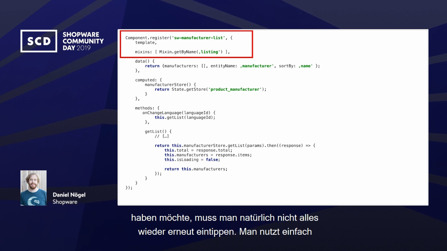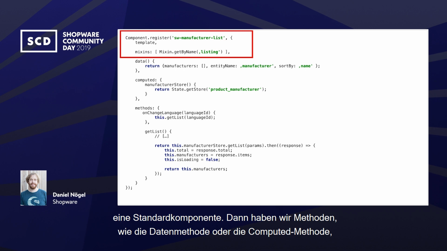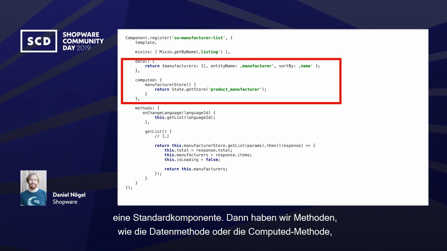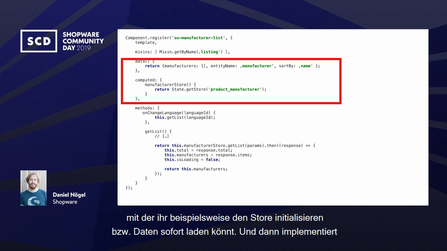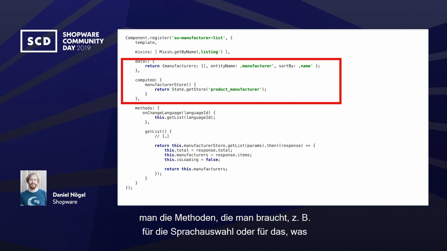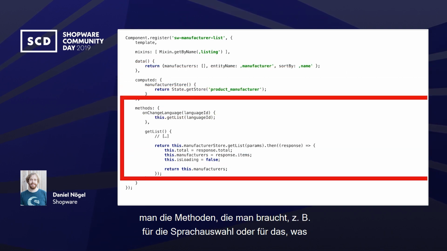You can just reuse a standard component. And then we have methods like the data method or the computed methods, where you, for example, can initialize your store or load data right away or something like that. And then you implement the methods you need, for example, for a language picker or for the things to happen if the listing is loaded.